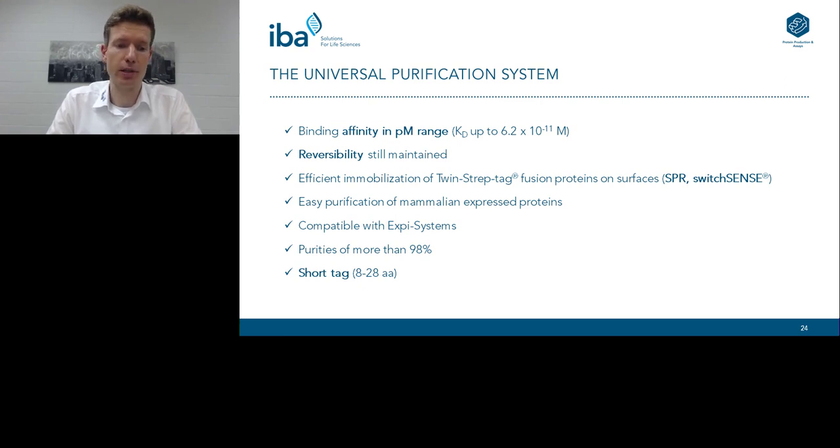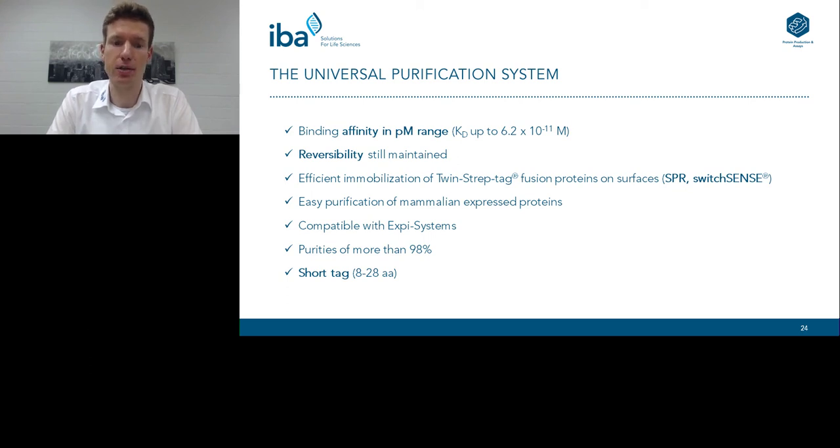In addition, it's effective in immobilization of Twin-Strep-tagged proteins on SPR chips or the switchSENSE technology, but we can also easily purify proteins at high purity from mammalian systems, and it's quite compatible with the Expi system, providing purities of more than 98% in most cases.